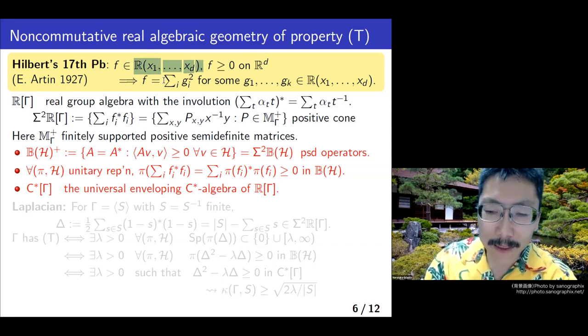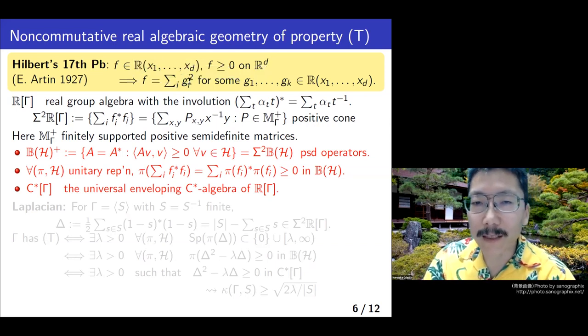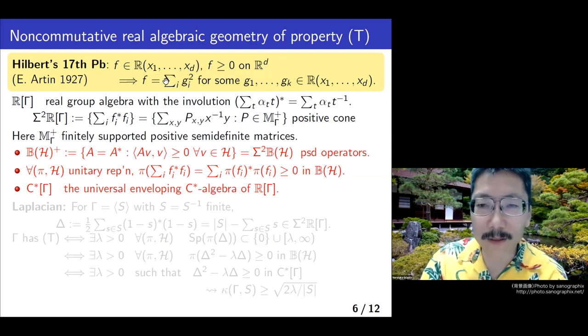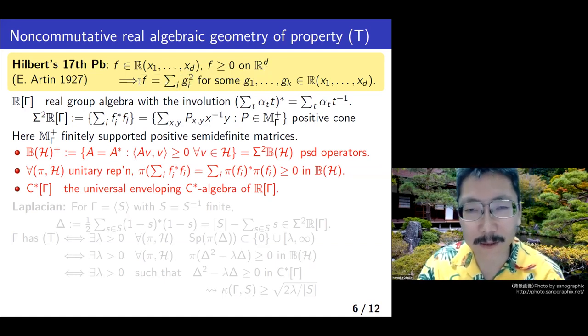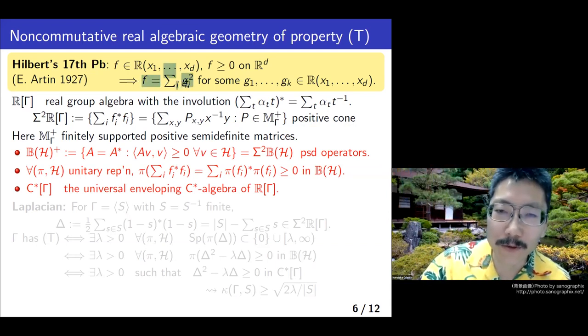If you complete this algebra under a certain topology, you get a continuous function algebra. If you get a continuous function algebra, this problem is solved immediately by analytic machinery. That's just a square root. If a square root exists in a complete field, the square root exists for continuous functions. You get the solution here.